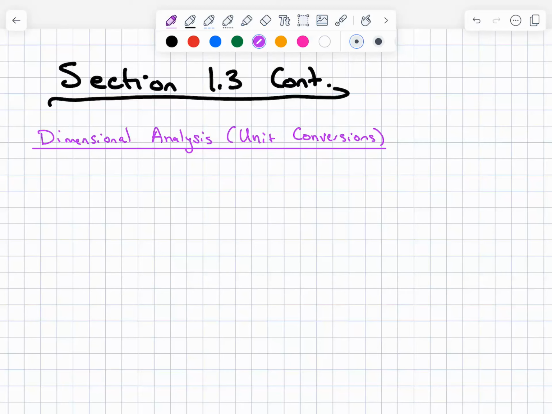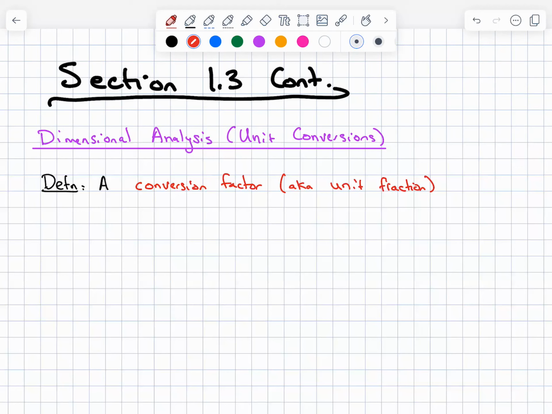So, first things first is a definition. A conversion factor, aka unit fraction. The book calls it a unit fraction.